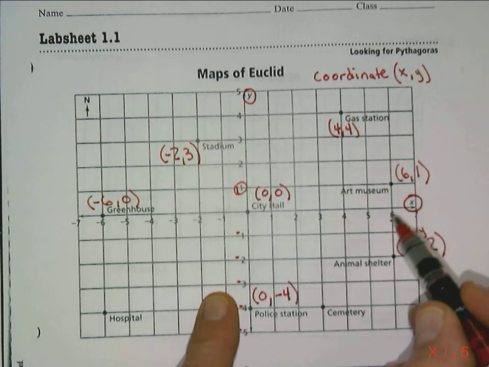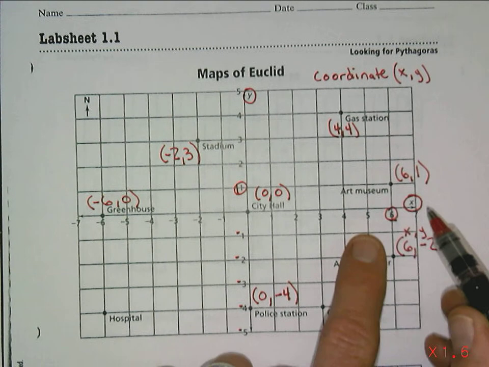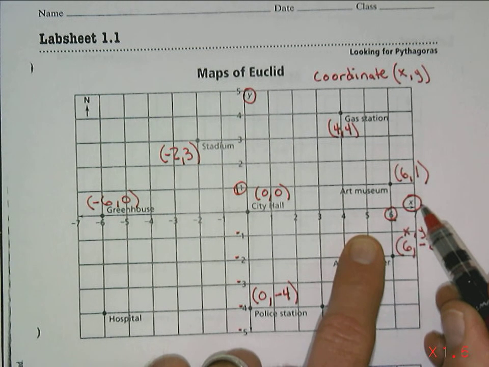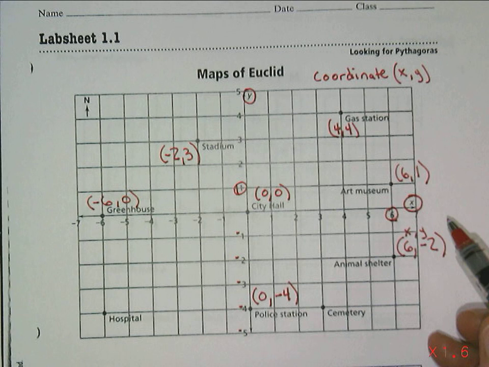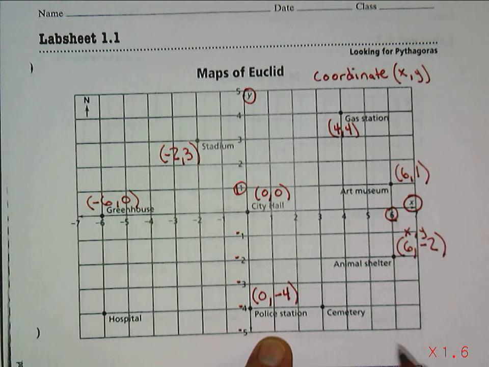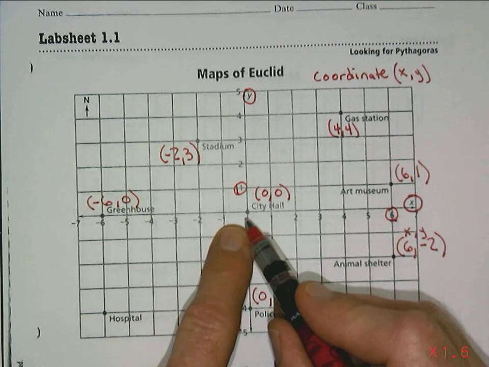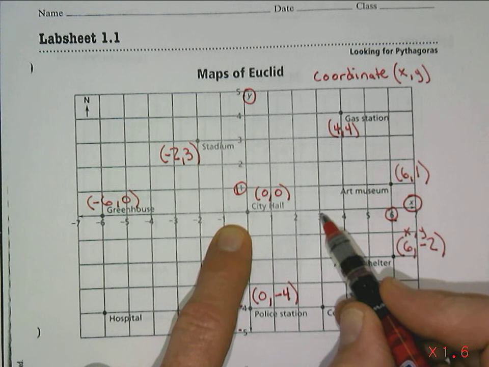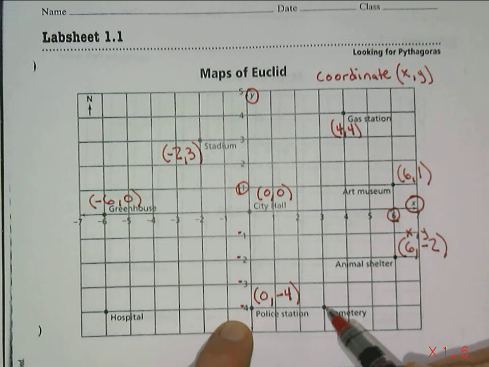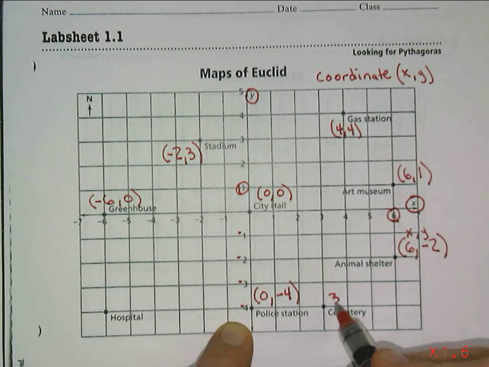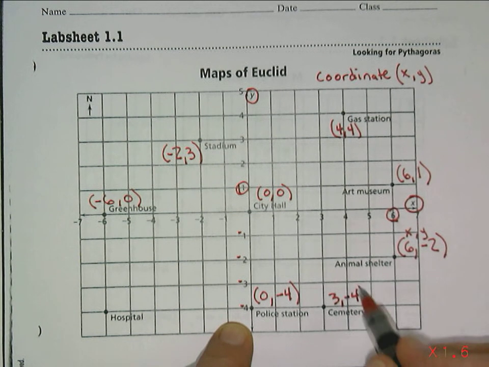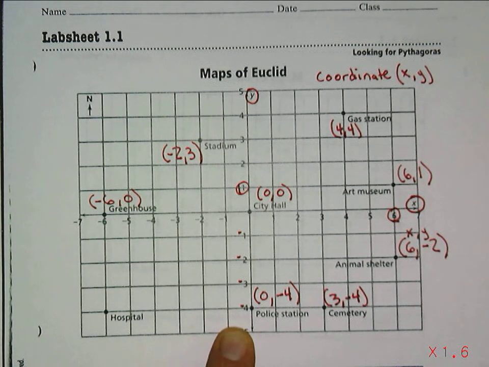So we use those pairs in order, so an ordered pair, x first, then y second. Or the cemetery, which again we would do the x first, go over 3, and then down 4. So over 3, down 4 gives us a coordinate or ordered pair for the cemetery.